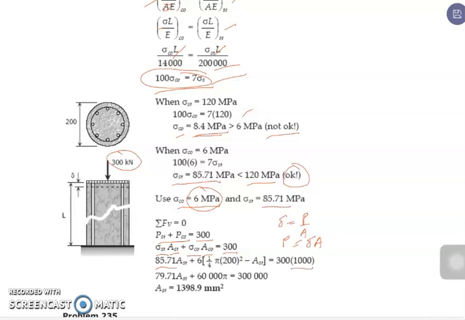We have converted our 300 kilonewton to Newton, so we multiply this by 1000. If we simplify this equation, we get 79.71 area of the steel plus 60,000 pi, which is equivalent now to 300,000. Upon simplification, you have now the value for the area of the steel, which is unknown, 1,398.9 mm squared.